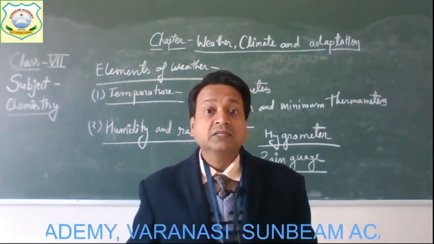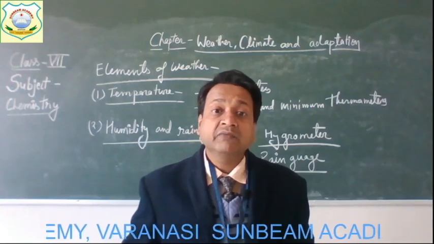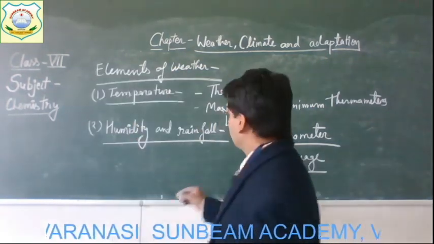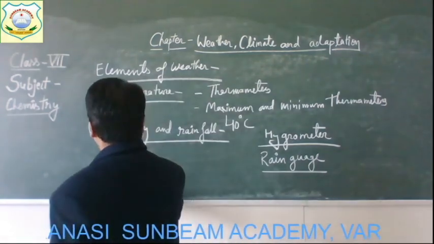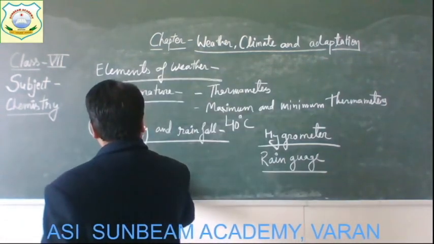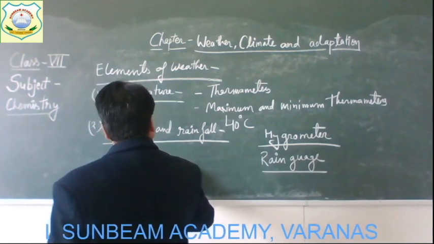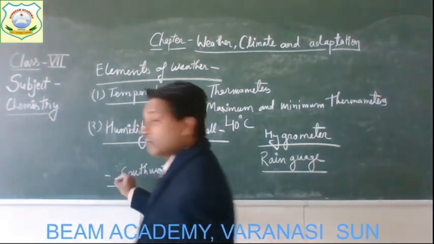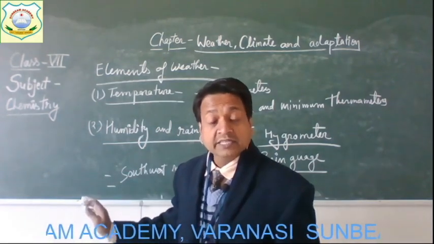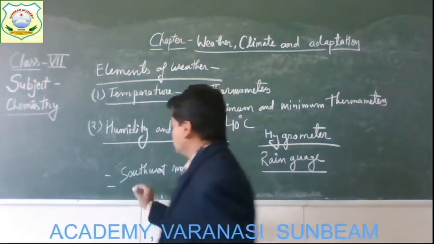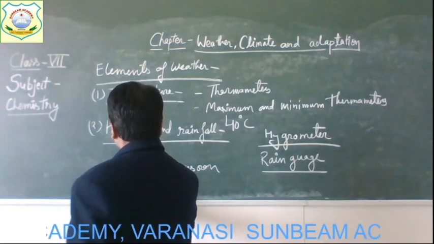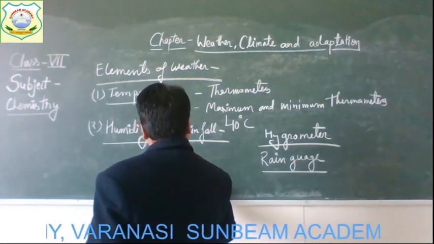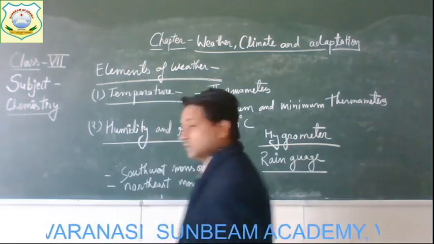Alright, so what are the two kinds of humidity-laden winds? Yes, the first one is southwest monsoon. And the second one is northeast monsoon. Get it?